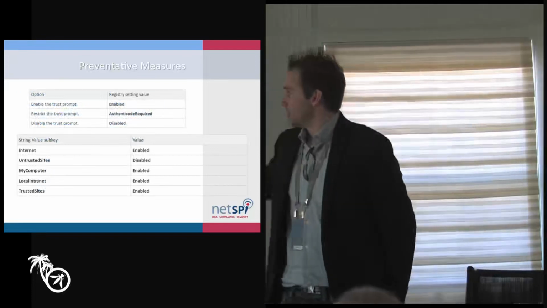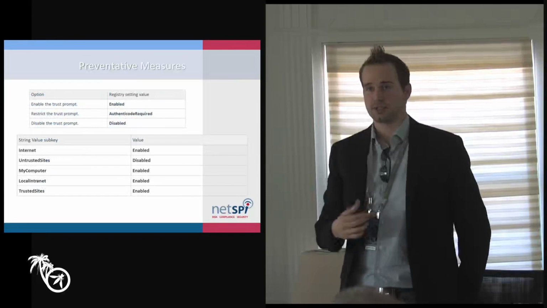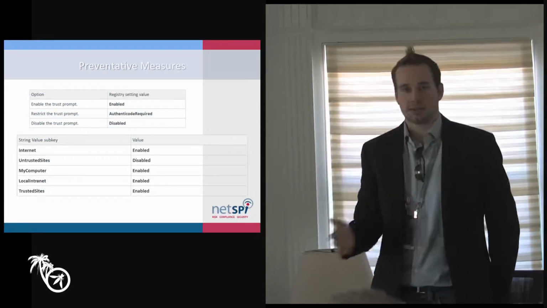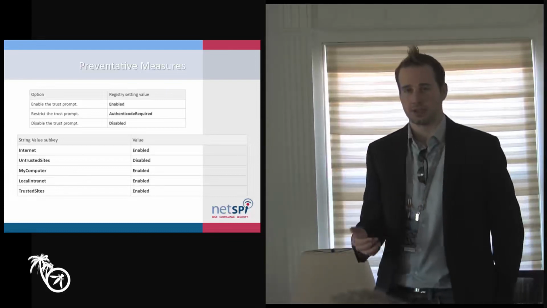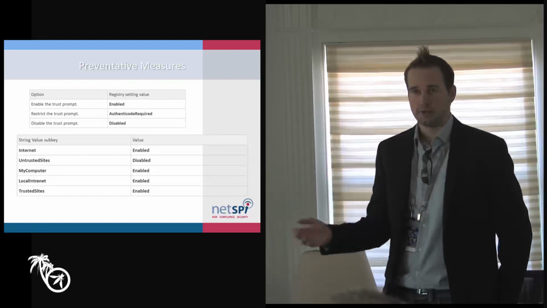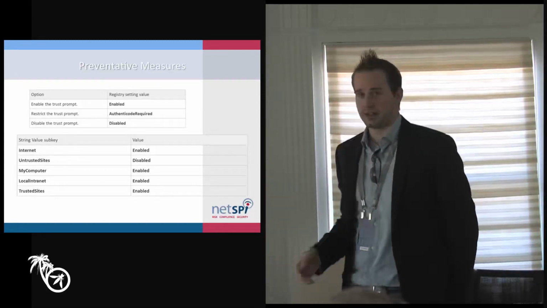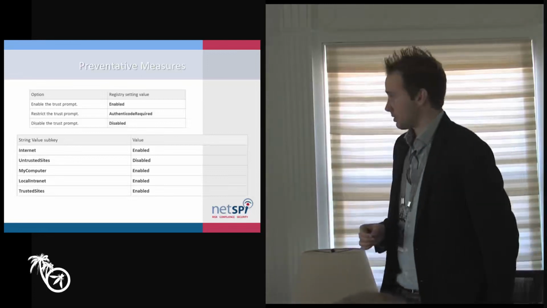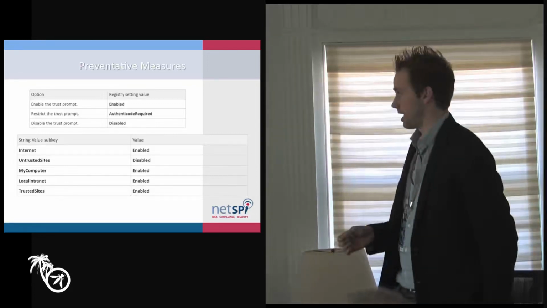The registry settings affect whether or not the user is prompted. If it's enabled, any unsigned application can come through and prompt the user to elevate the privileges to install the ClickOnce application. If you set it to authenticode required, it needs to be signed by a valid CA cert before the user will be prompted to accept it.